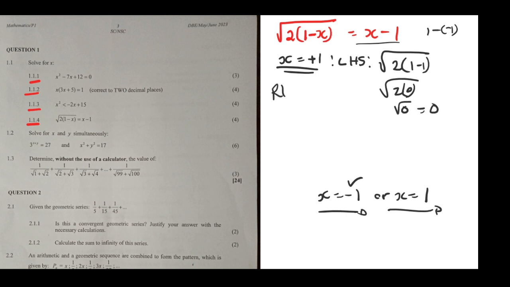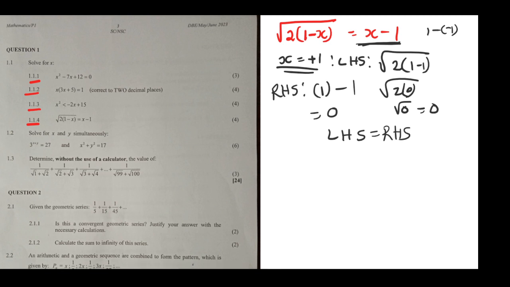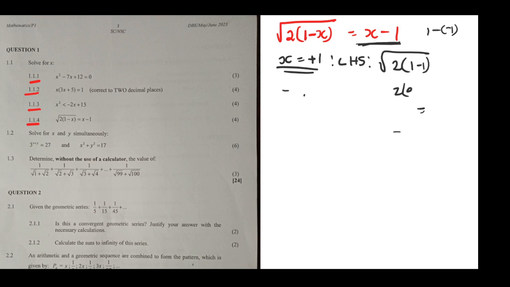And then the right-hand side, it's x minus 1. So where there's x, we put 1, and then minus 1. So it's giving us 0. So the left-hand side equals the right-hand side. Therefore, this is also a solution of x. So those two answers are correct. We're going to take them, right?